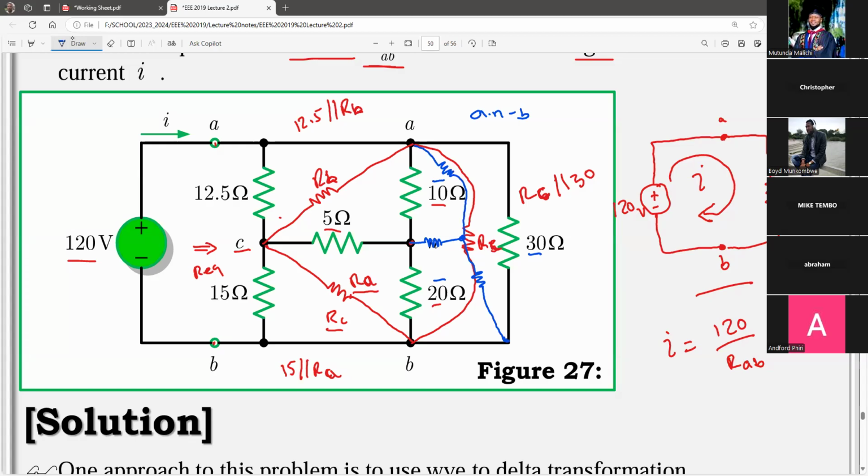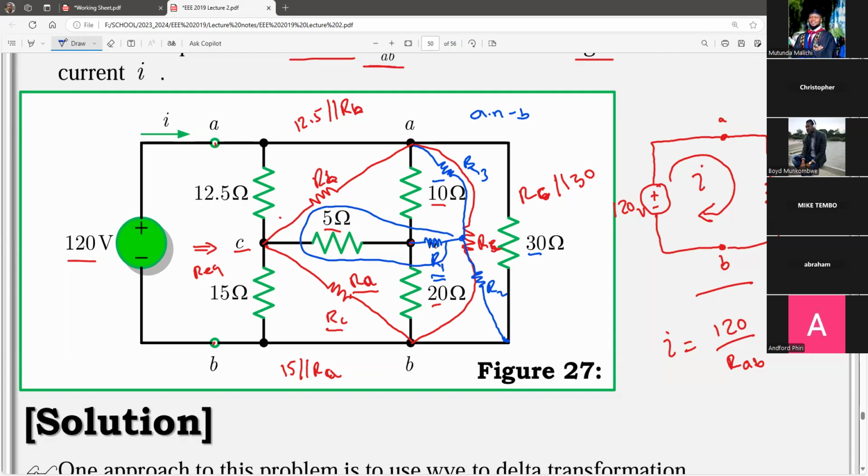So whatever value of RA that you get from here, okay, not RA, but R1, R2, R3. You will see that R1 and 5 will be in series, so you just add them to get one equivalent resistance there.